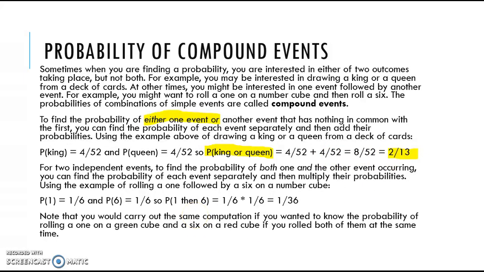For 2 independent events where we're looking for both, an and in particular, is happening. So we're looking for both a 1 and a 6, which is the same idea as a 1 then a 6 occurring. We've got a 1 out of 6 probability, and we multiply 1/6 times 1/6, and we've got our 1/36.